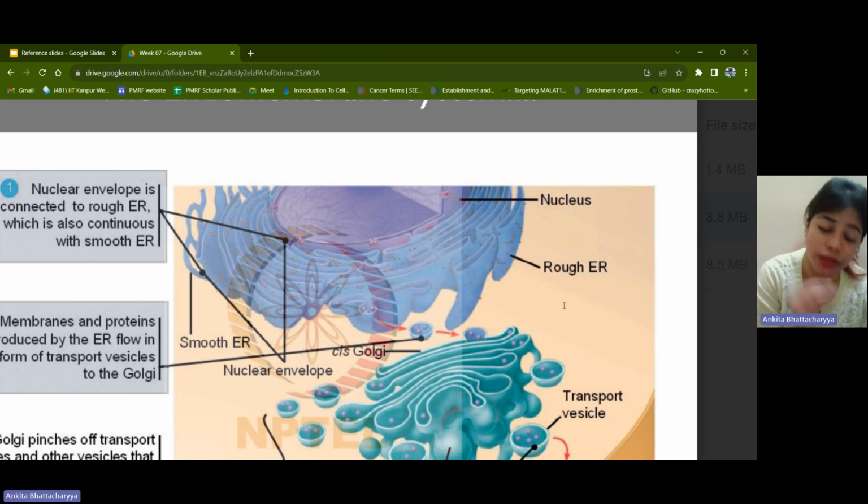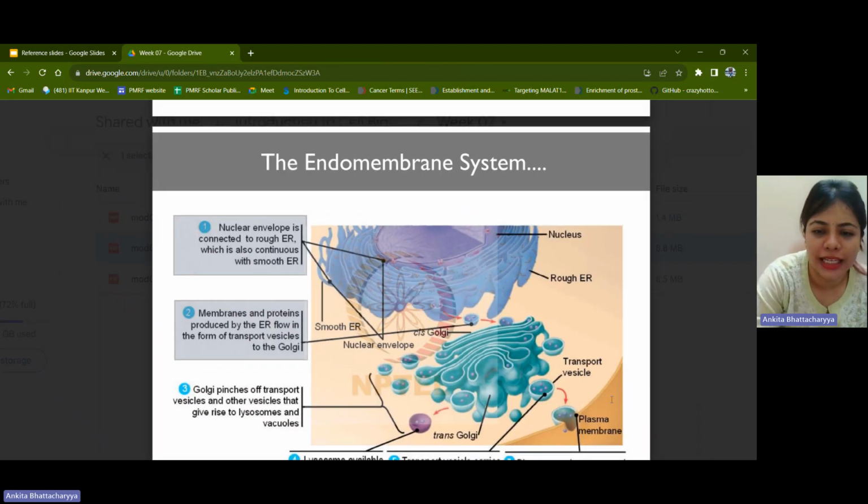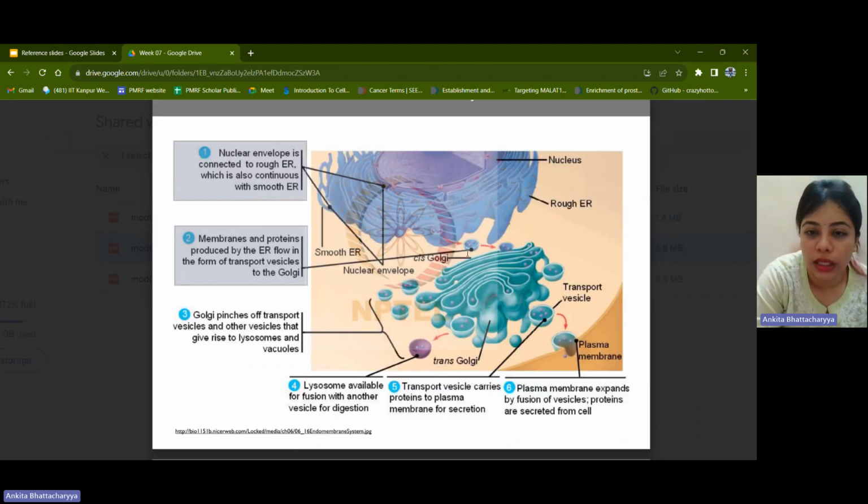The rough endoplasmic reticulum is right next to the nucleus, and from there it moves on to the smooth endoplasmic reticulum, which of course does not have these structures. And from there we see little vesicles emerging, carrying membranes and the proteins that are produced by the ER.